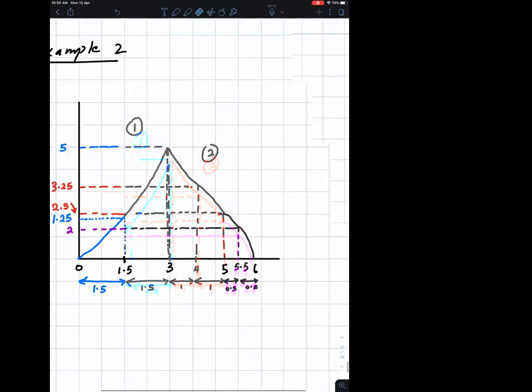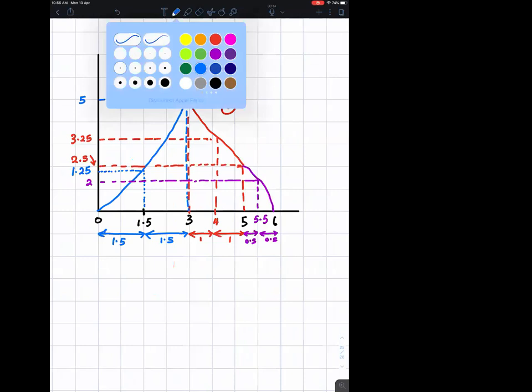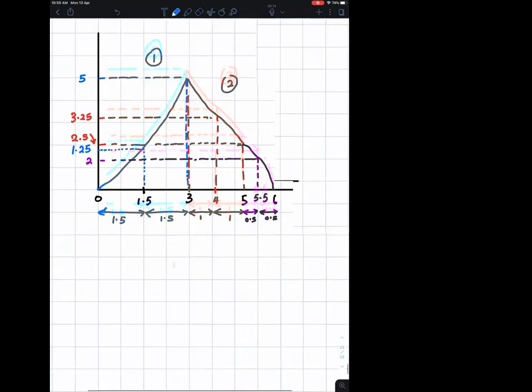So now we have to apply Simpson's formula. We start at 1, the blue section.